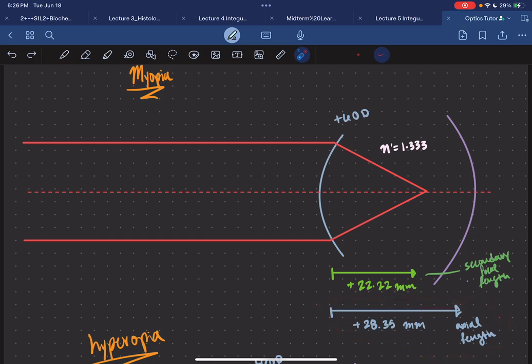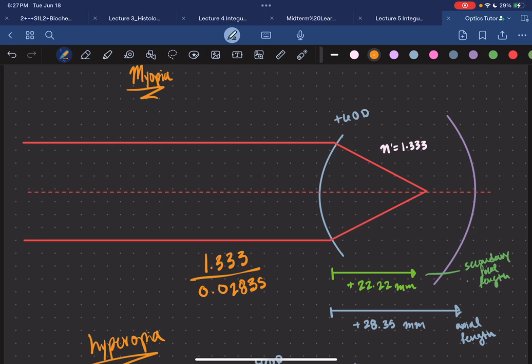And so I'm going to figure out, okay, what power does it actually need for its axial length? What I'm going to do for that is 1.333, because we're inside the eye at this point, divided by 0.02835 in meters. 1.333 divided by 0.02835.